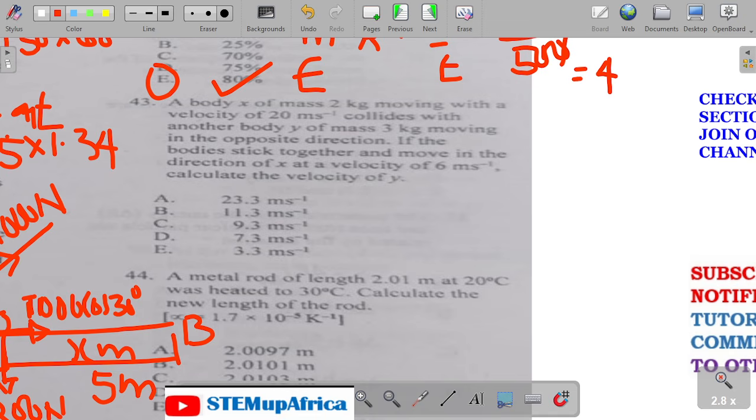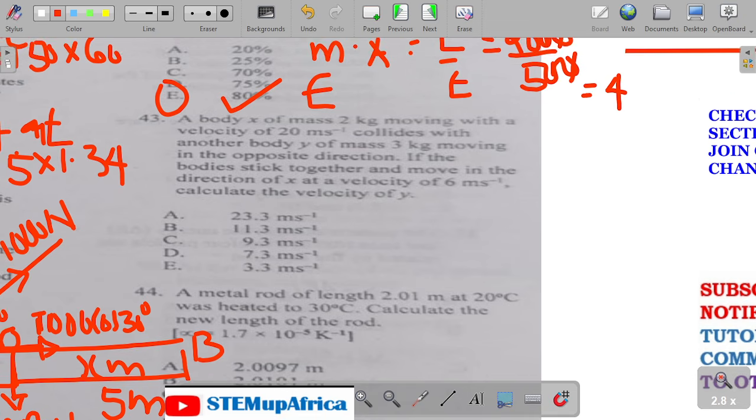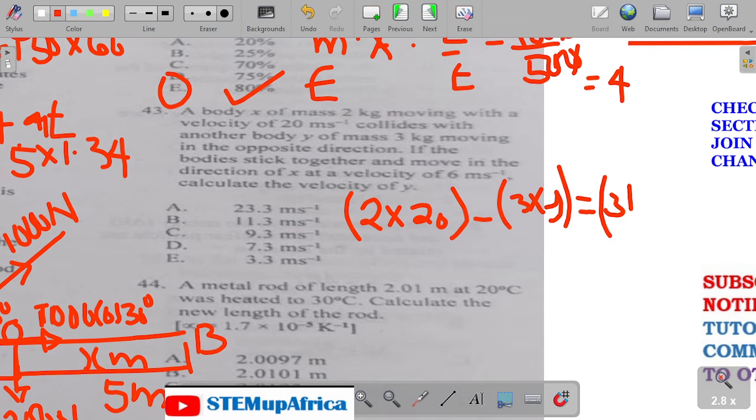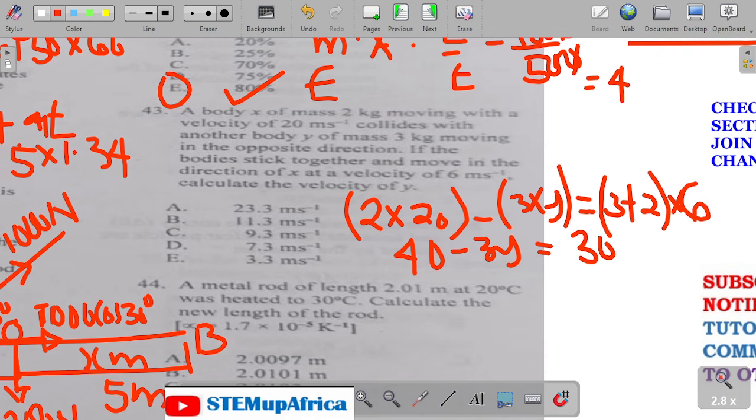Calculate the velocity of Y. So I'm going to have 2 times 20 minus 3 times Y equals 3 plus 2 times 6. Here is now 40 minus 3Y equals 30. So 3Y is 10, so Y is 3.3, which is option E. 43 is also E.